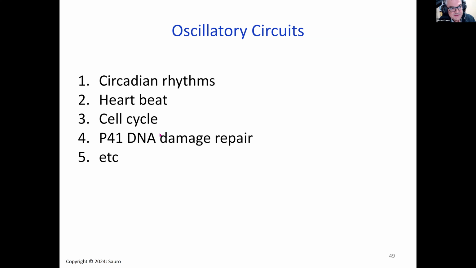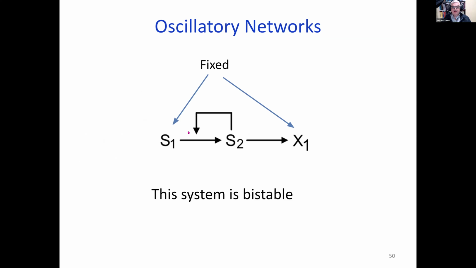One hypothesis is that it could act as some kind of counter, and if the count goes too high, the cell decides, yeah, the DNA is too damaged, I can't do anything about it, and it self-destructs. So maybe that's what it is, but we don't really know. Okay, so lots of oscillators in biology, worthy of understanding.